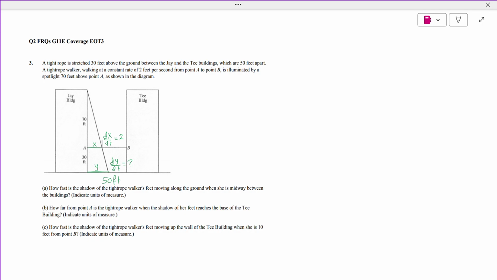So let's find a relation that relates x and y. Well, I can see here similar triangles. If I highlight the first triangle in yellow, this is the first triangle, and if I highlight the other one, for example in red, that would be the second one here. So those two triangles are similar. If we graph them here, we have this distance to be 70, this distance to be 30, and this is y and this is x.